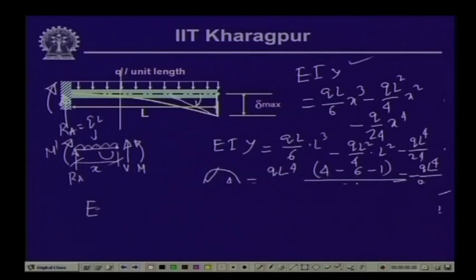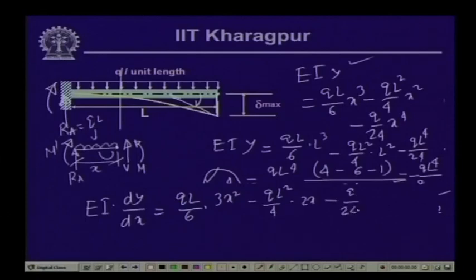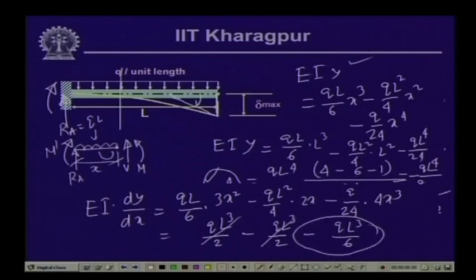So EI dy/dx equals qL/6 into 3x² minus qL²/4 twice x minus q/24 times 4x³. Now, if we substitute x equals L, this gives us qL³/2 minus qL³/2 minus qL³/6. So qL³/2 and qL³/2 get cancelled, and you have minus qL³/6.